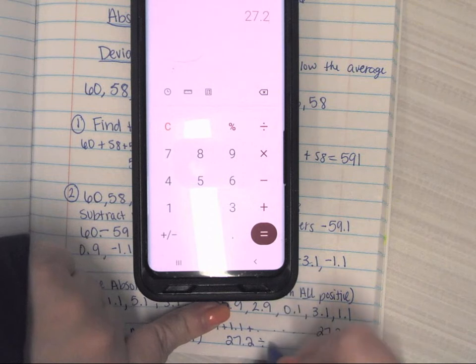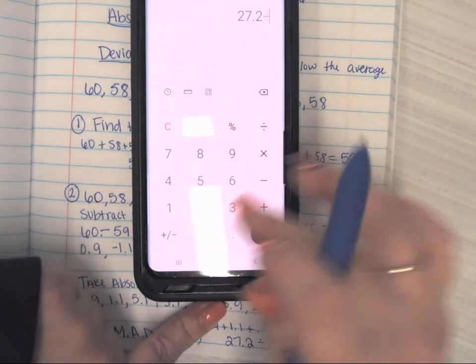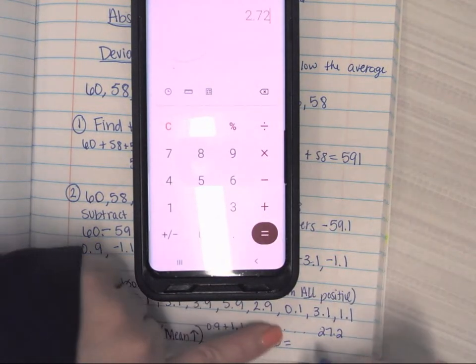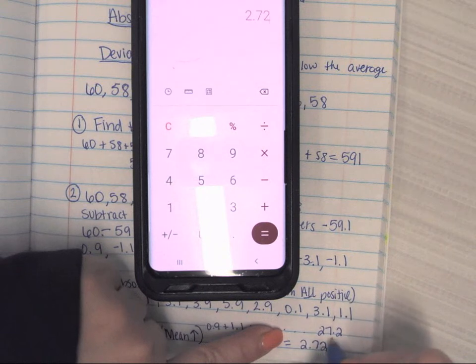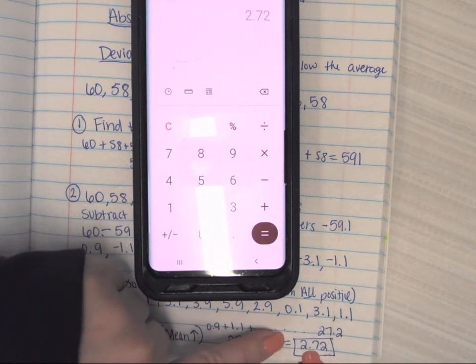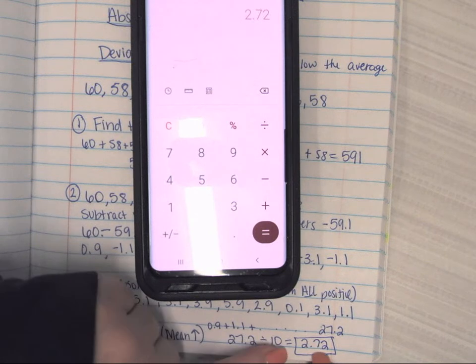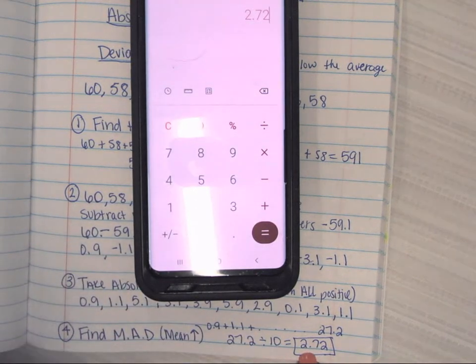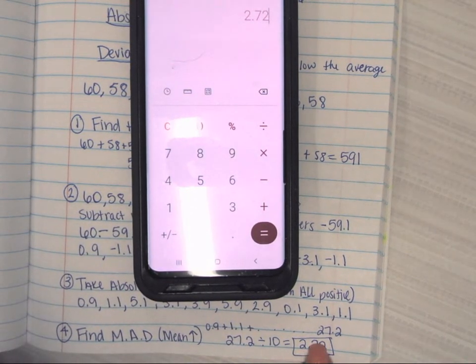Then you divide that by 10 because there are 10 numbers, and you get 2.72. The mean absolute deviation, so the average person deviates around 2.72 inches from the mean.